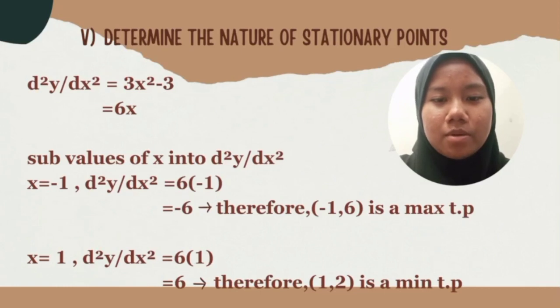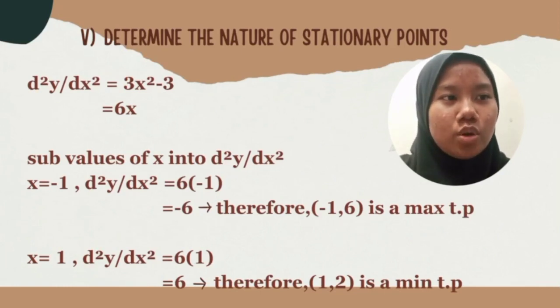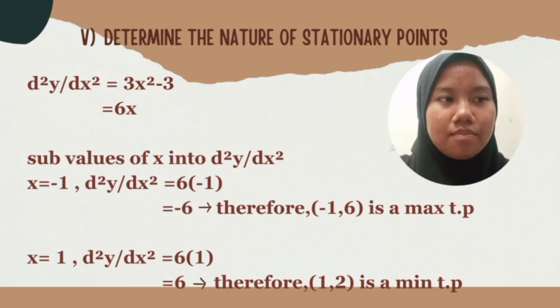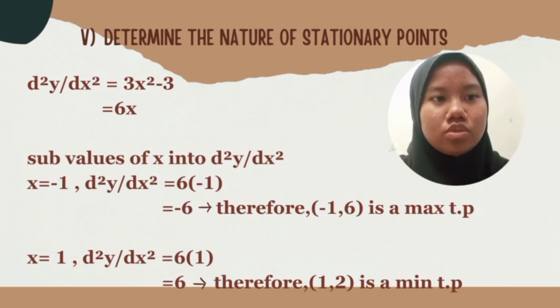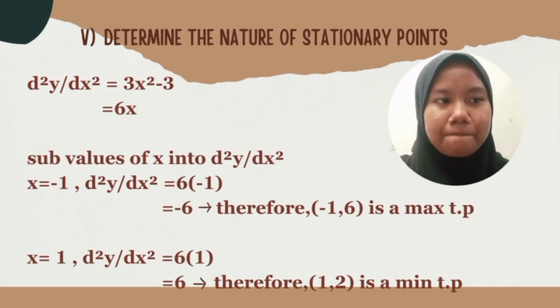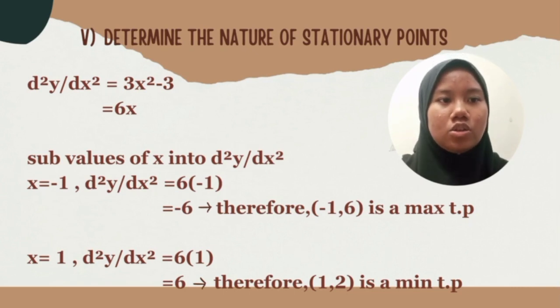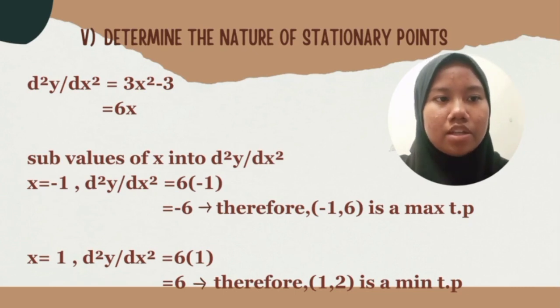Then I will explain about determining the nature of the stationary point. d squared y over dx squared, from 3x squared minus 3, the answer is 6x. Then you need to substitute values of x into d squared y over dx squared. x equals minus 1. d squared y over dx squared equals 6 multiplied by minus 1.